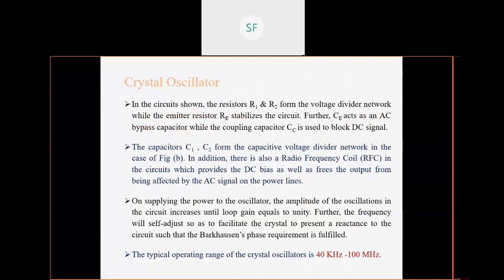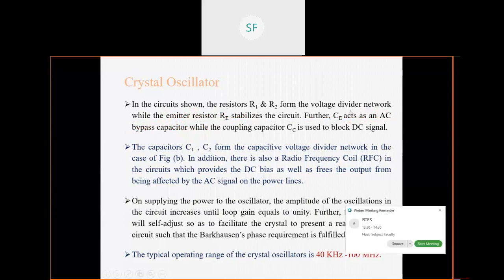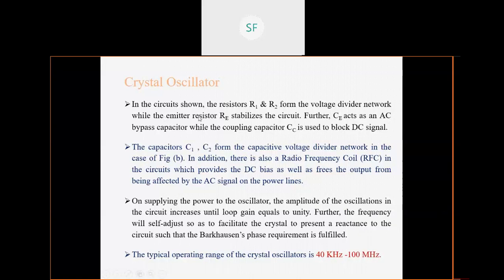In the circuits shown, the resistors R1 and R2 form the voltage divider network, while the emitter resistor Re is used to stabilize the circuit. These are just additional points regarding your circuit description. Further, Ce, that is the emitter capacitor, acts as an AC bypass capacitor, while the coupling capacitor Cc is used to block the DC signal.